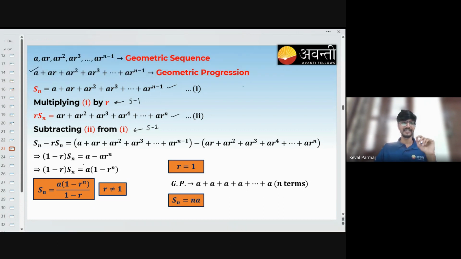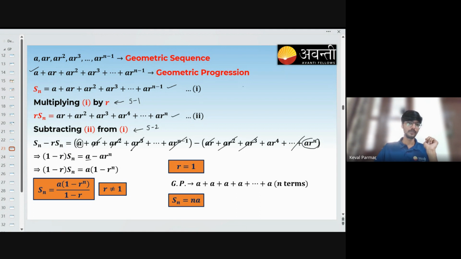On the right hand side, all the terms will get cancelled. See, ar will get cancelled, ar square, ar cube, and so on. ar raised to n minus 1 will get cancelled with the previous term. So only two terms will be left: the first term, a, and the last term, ar to the power n.